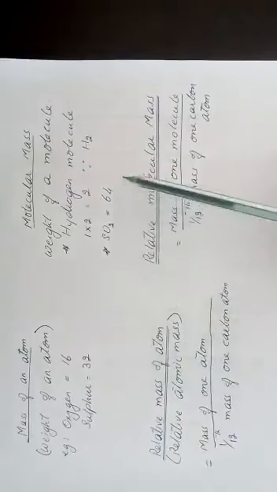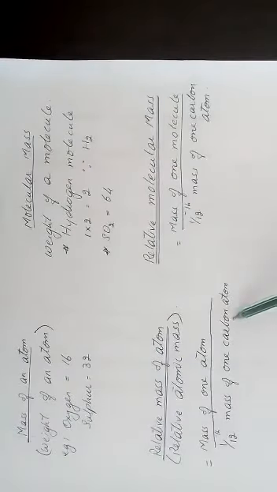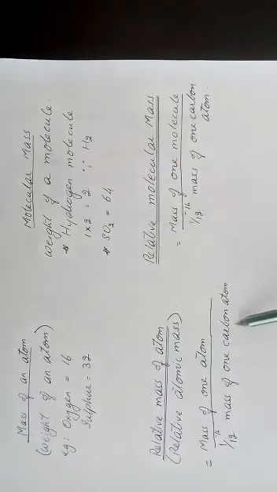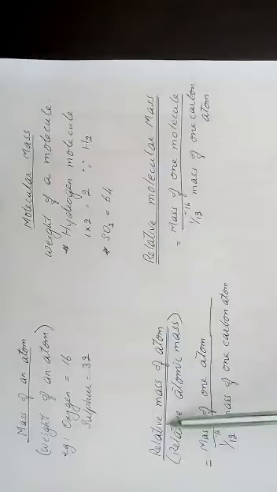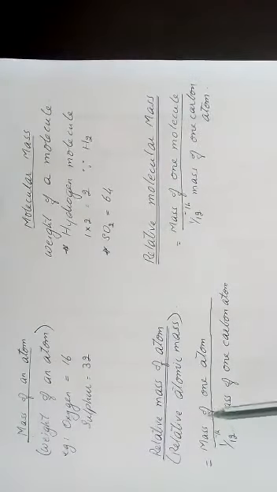Atomic mass or molecular mass is always compared with a standard element, which we call the carbon atom. Whenever we compare the masses with a standard element, we call it relative atomic mass or relative molecular mass, which is always written in a fraction form.